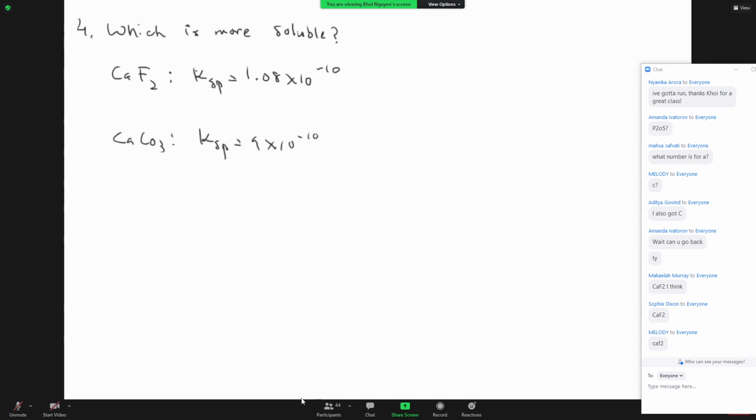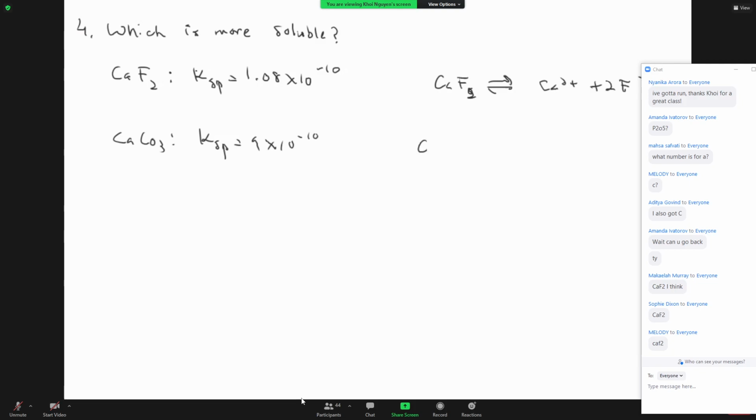So, calcium fluoride breaks up into 3 ions, right? Calcium fluoride becomes calcium 2 plus ion plus 2 fluoride ions. Sorry, I'm so used to writing it in generic form.